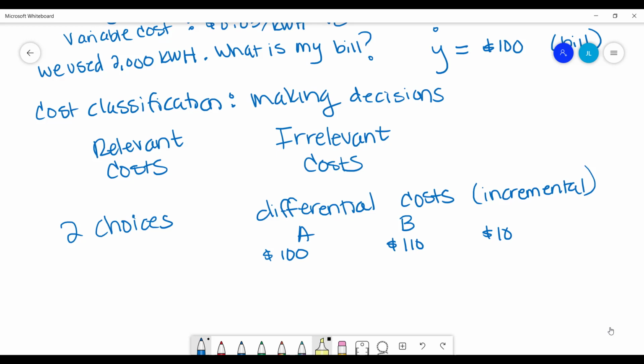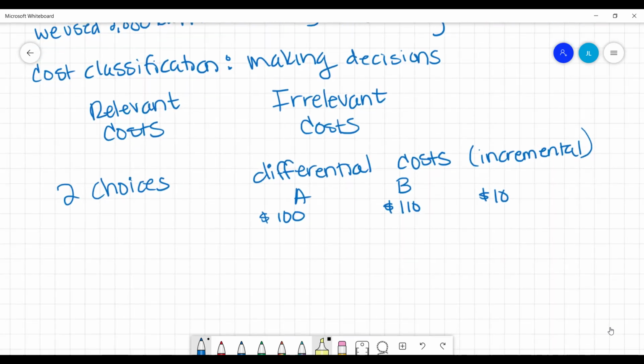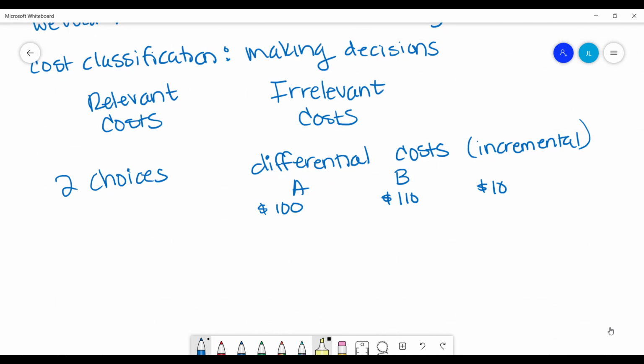But also with any kind of project, the intention isn't just to spend money, right? The intention is to make money. So it's not just the cost that we would look at when trying to make a decision between two project choices or options. We also want to look at what kind of money is going to be coming in, right? Let's say, oh, the revenue that we expect to come from project A is $200, and the revenue that we expect to come from project B is $150, right?